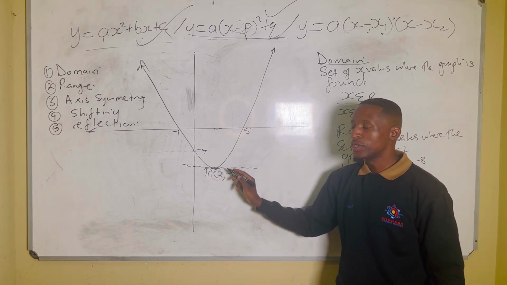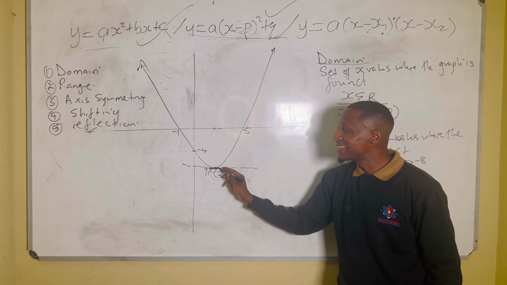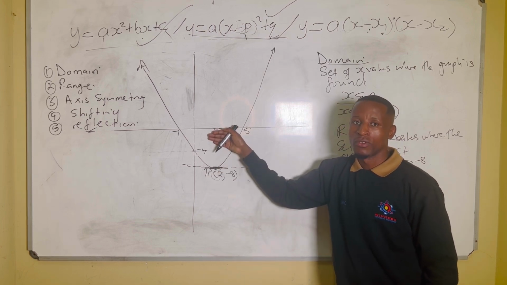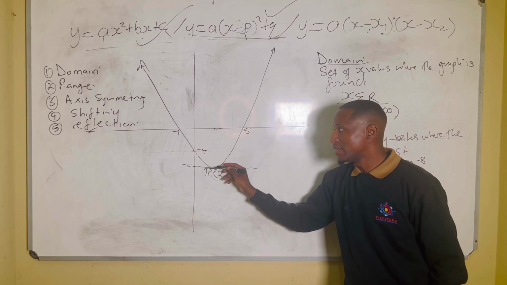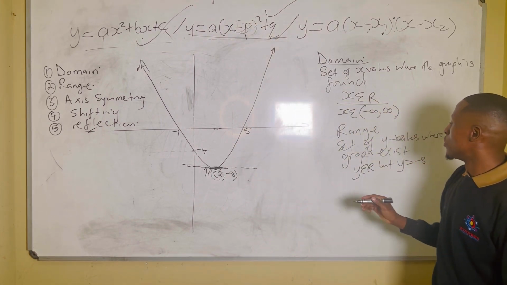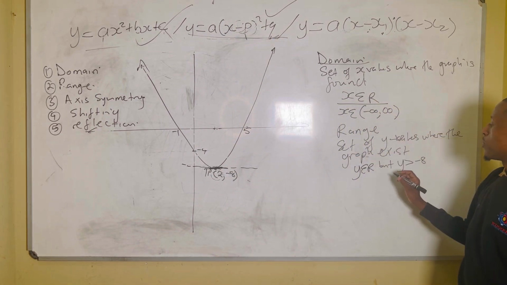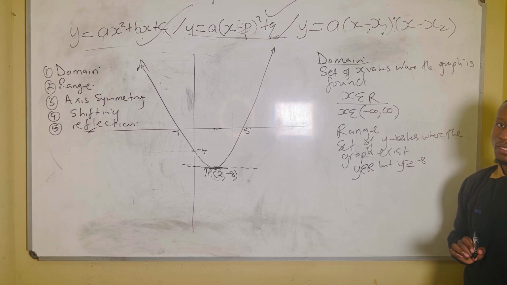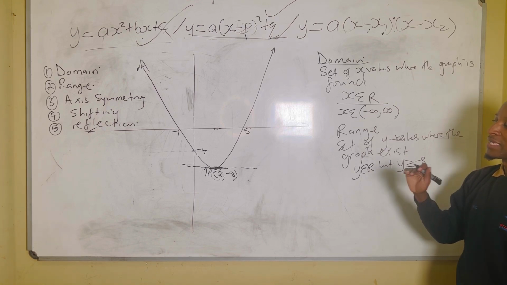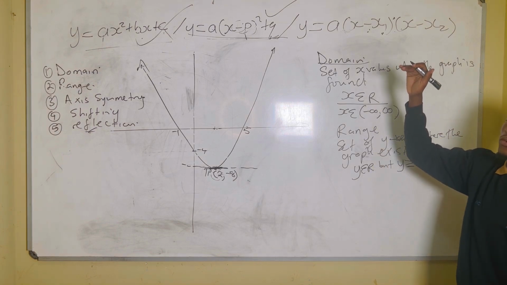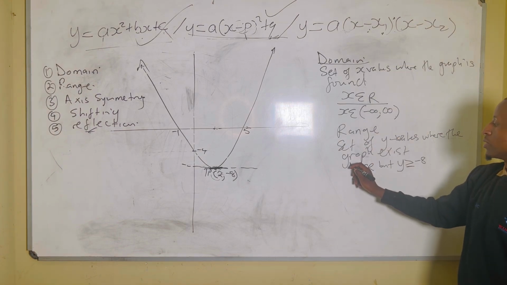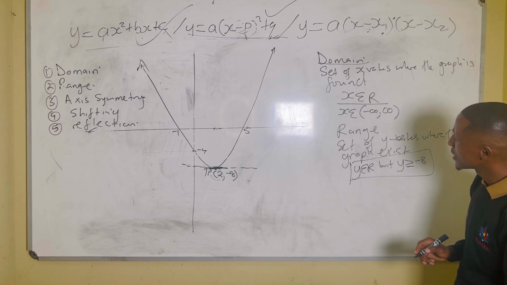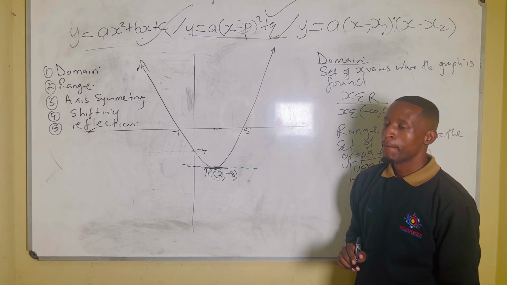It means it starts exactly on -8, not above -8. So you have to include an equal to here on -8, meaning your graph starts exactly from -8 moving upwards. So this is your answer for the range. Let us go to the axis of symmetry.